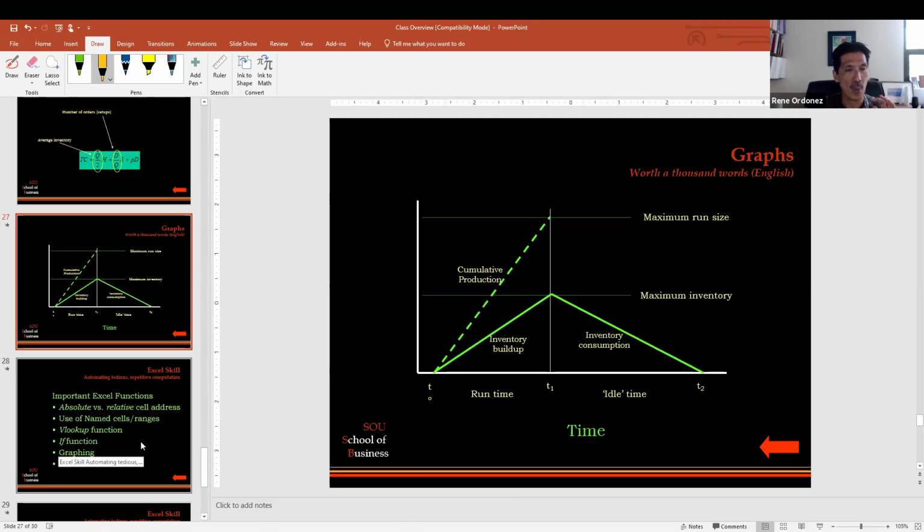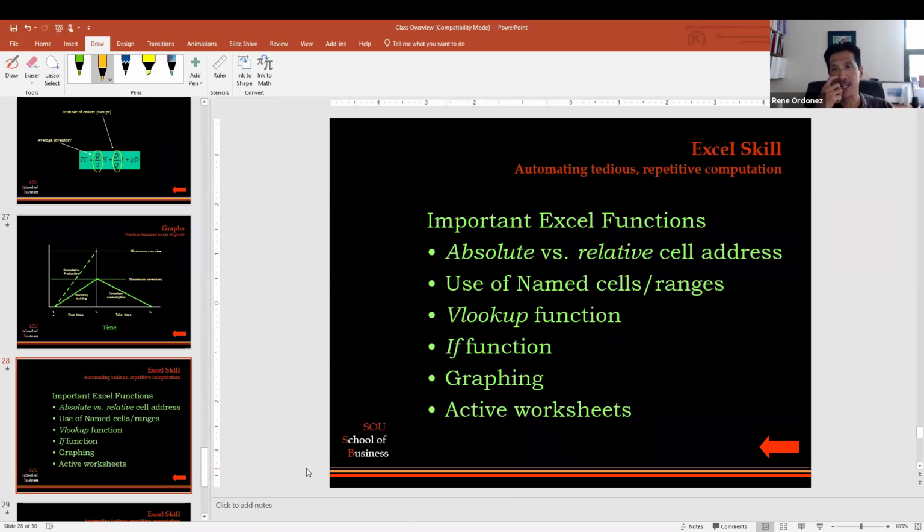So when you work on the assignments, you will have a better appreciation and understanding, and hopefully your Excel skill will be enhanced, because these are the common Excel functions that we will be introduced to and will use in this class.